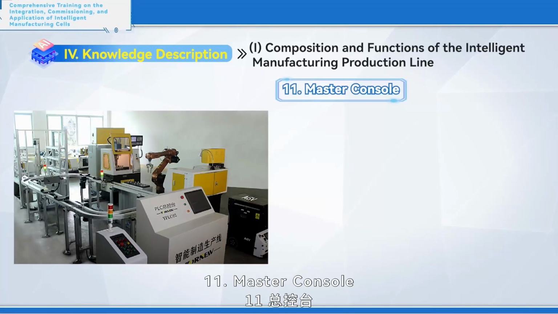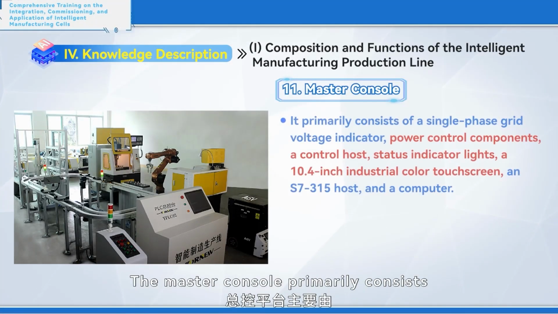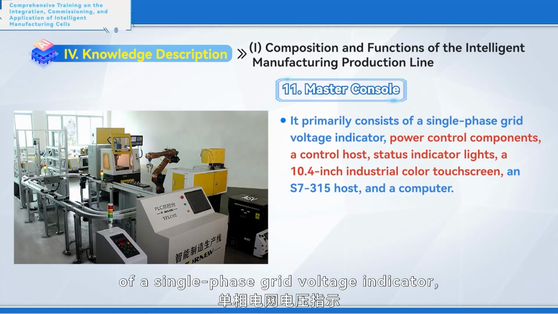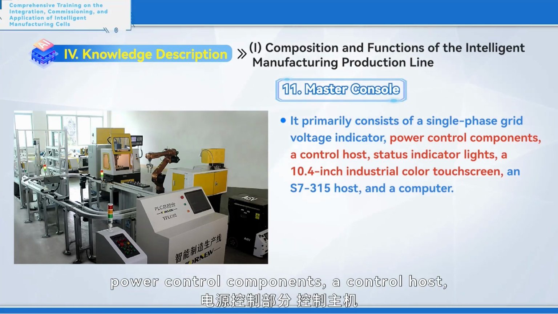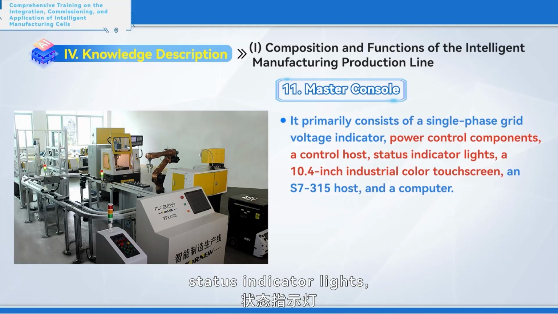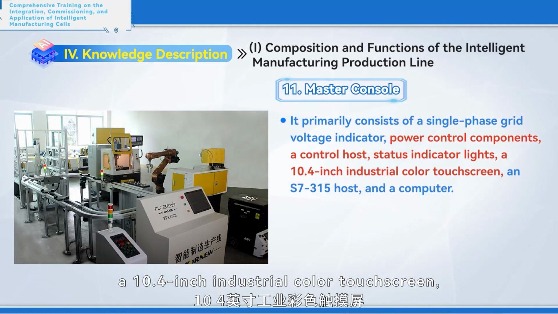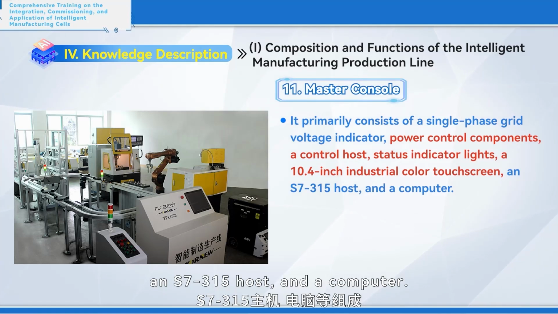11. Master Console. The Master Console primarily consists of a single-phase grid voltage indicator, power control components, a control host, status indicator lights, a 10.4-inch industrial color touchscreen, an S7-315 host, and a computer.